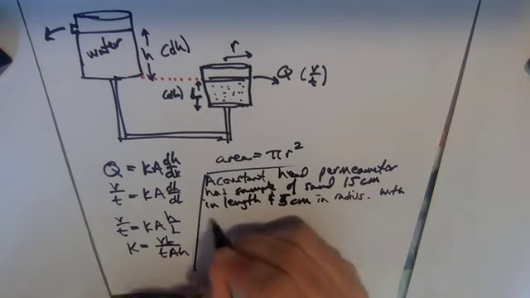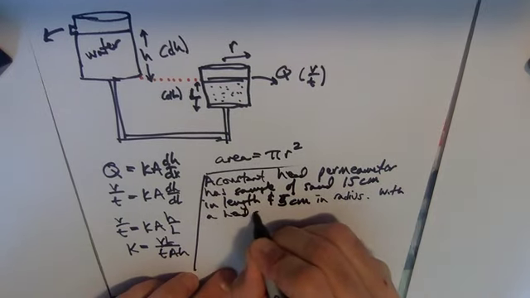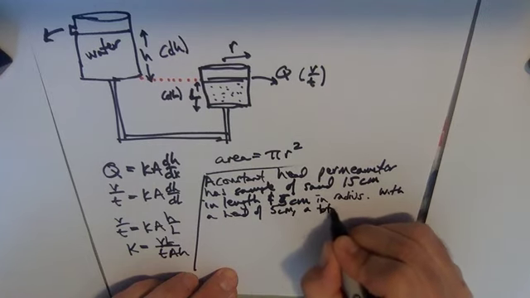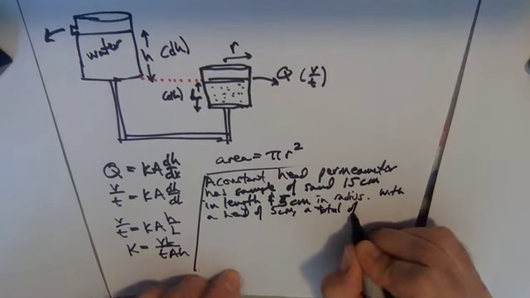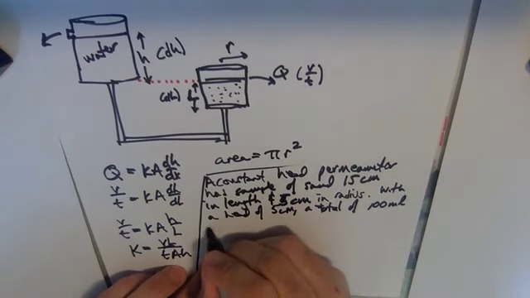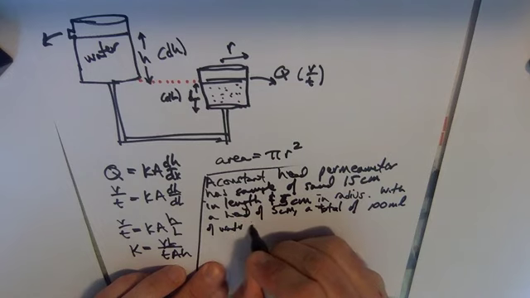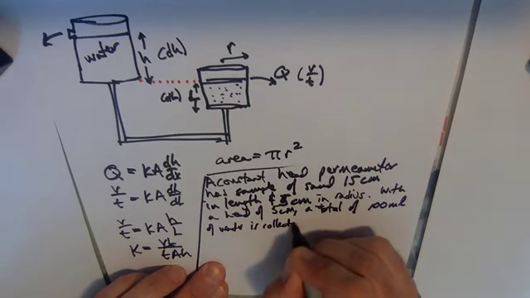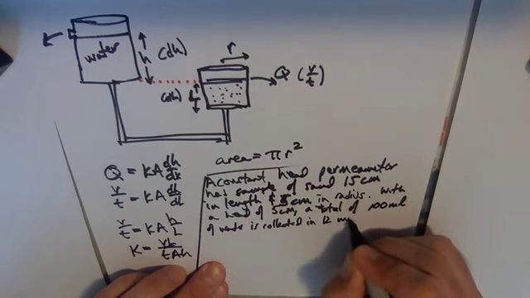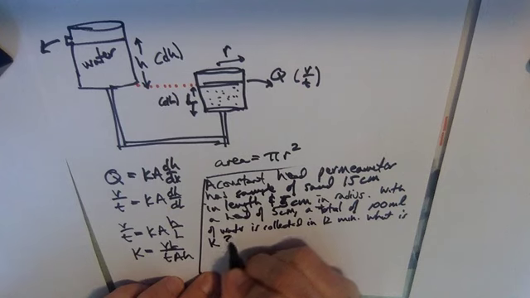With a head of 5 centimeters, a total of 100 milliliters of water is collected in 12 minutes. What is the K of the sample?